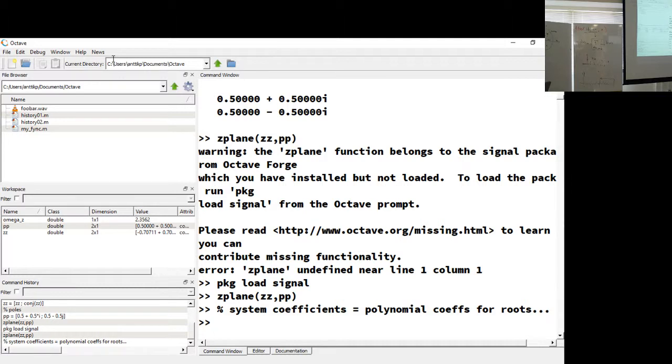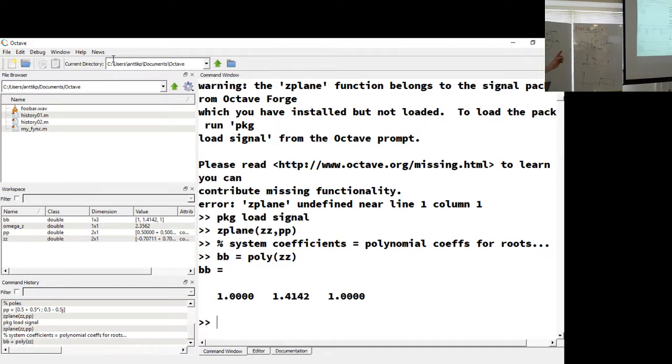Okay, there we go. B is the polynomial coefficients defined by the zero points. Those are the coefficients. And then A is the polynomial coefficients defined by the poles.